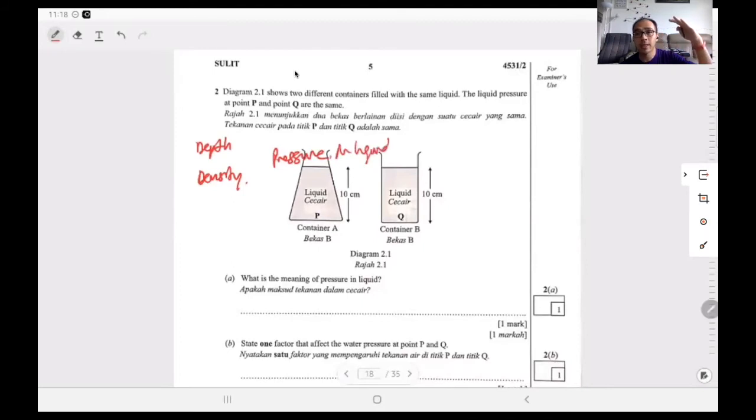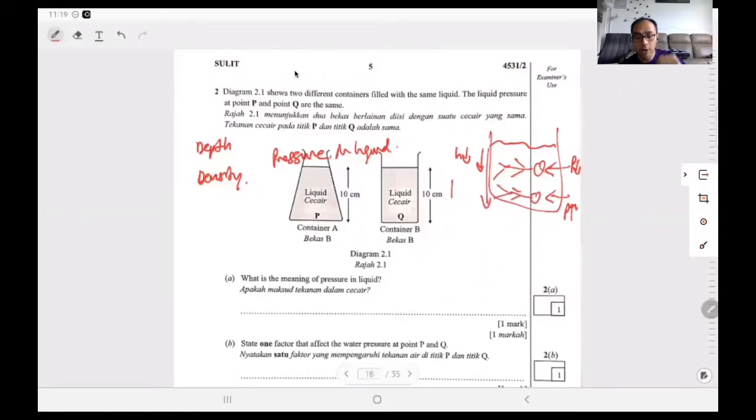Let's say you are a diver and you dive inside the water. If you are here and if you are here, there are two different pressures. Here is lower pressure, here is higher pressure, because here is lower depth and over here is higher depth. So the bigger the depth, the bigger the pressure. Makin dalam, makin tinggi tekanan di dalam cecair.